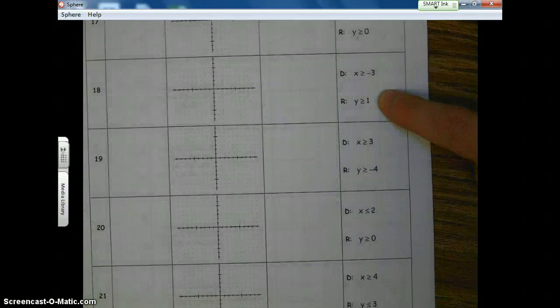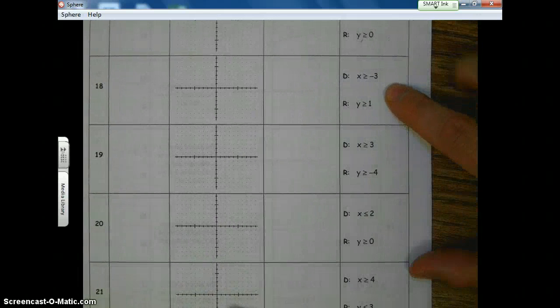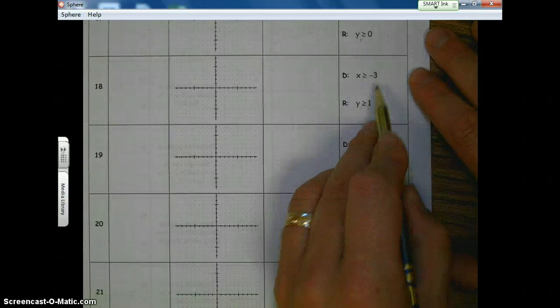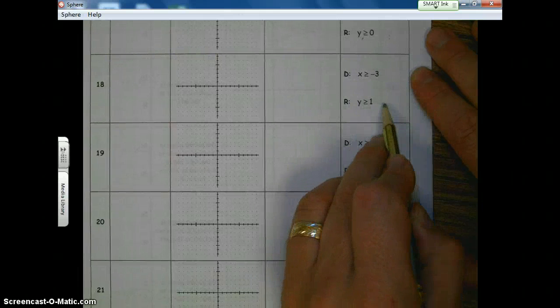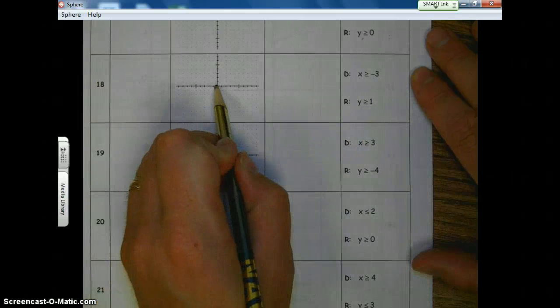Alright, now we're given the domain and range, and we have to fill in the rest. Okay, so let's start here with number 18. So remember that these numbers correspond to the starting point or the special point that we translate. Remember on the parent function, that special point is at 0, 0.